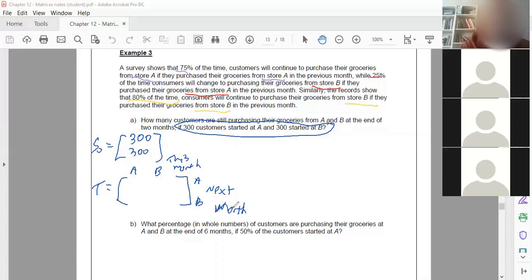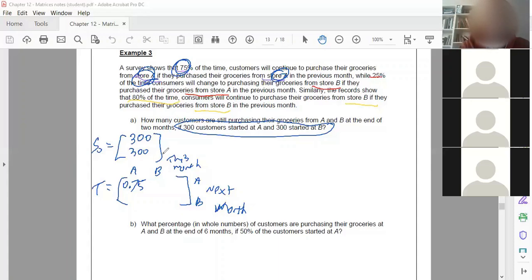The first one says 75% of the time customers will continue to purchase their groceries from store A if they purchased it from store A. So store A this month and store A next month, 75%, 0.75. If there's any questions, please jump in.